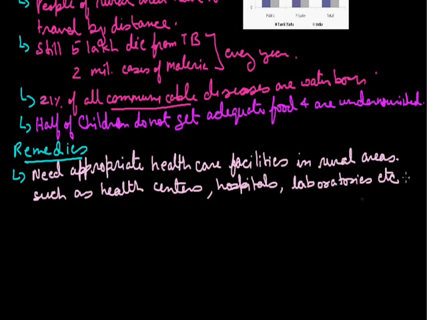First of all, we need appropriate healthcare facilities in rural areas, especially since 70% of India's population lives in rural areas. So we have to provide healthcare services like health centers, hospitals, laboratories, and many other facilities to these areas.